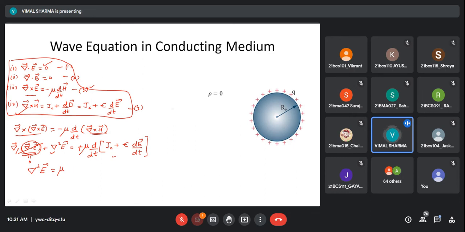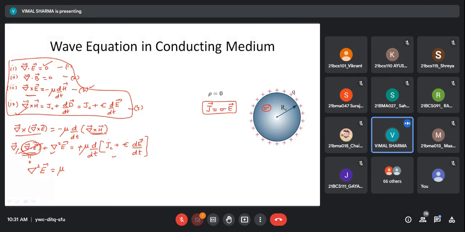And one more thing: as I know that my medium is conducting, suppose sigma is the conductivity of this medium. Then I can write conductivity in terms of current density and electric field, because conductivity is defined as current density per unit electric field. So sigma, which is current density per unit electric field, gives you this relation.